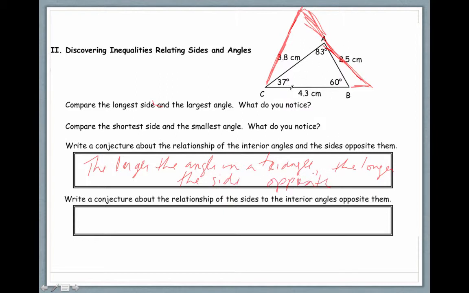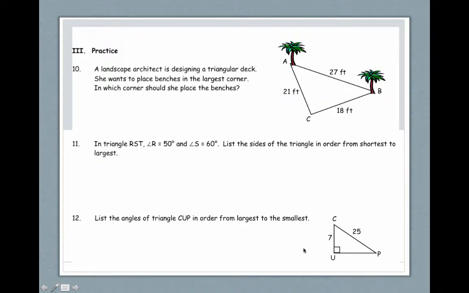Now I could blow up this same triangle and have these all be miles instead of centimeters, and then obviously the one opposite 37 degrees would be bigger than the one in this triangle opposite 83 degrees. But in that new triangle, you still get the longest side opposite of 83 degrees, the shortest side opposite of 37, and the middle one opposite of the 60.